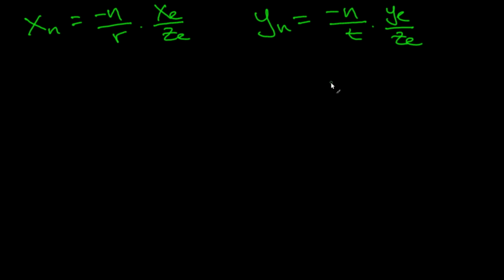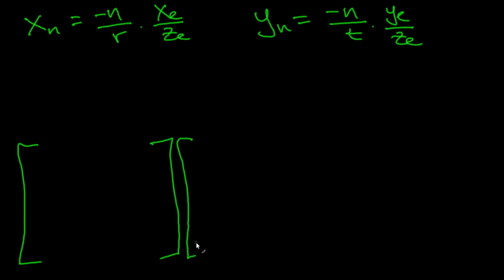Okay. Now, every time we've had a problem like this in the past, we've gone to matrix multiplication. We've tried to figure out how we can use matrices to make this happen quickly on the graphics card. So you might start thinking about that and draw out your matrices. Our vector that we're transforming is xe, ye, ze, and 1 is the homogeneous coordinate.